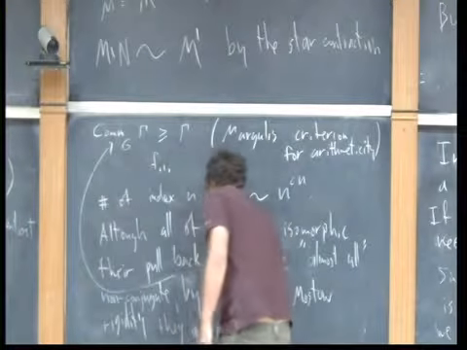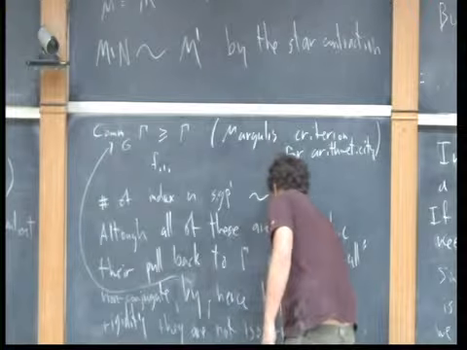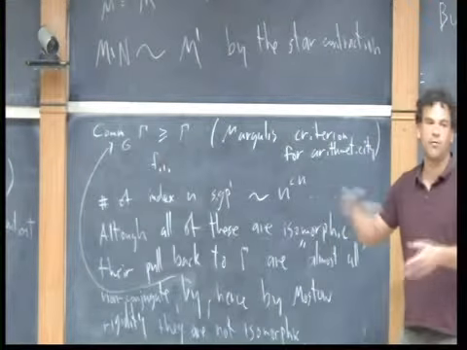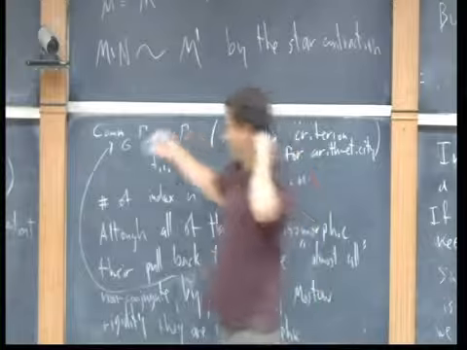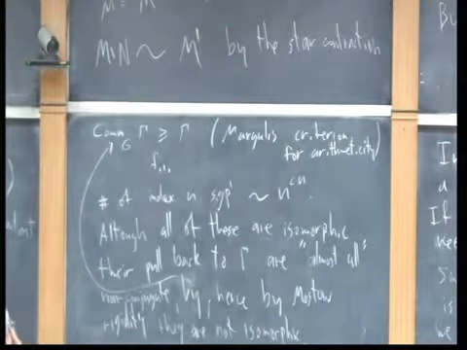That's it. You get fundamental groups that are non-isomorphic, and you get plenty of them. That's the way. Okay, so that's explained.